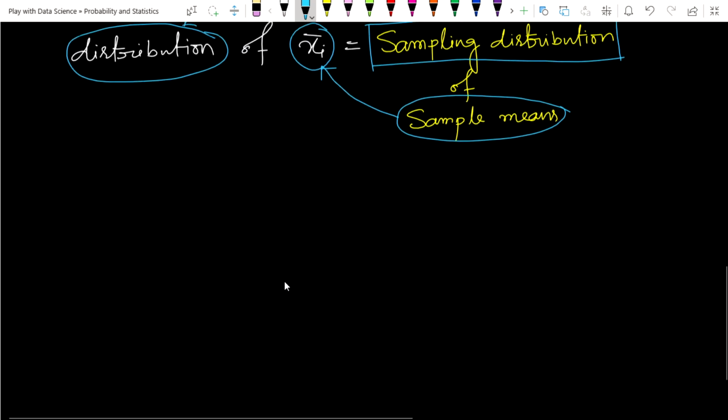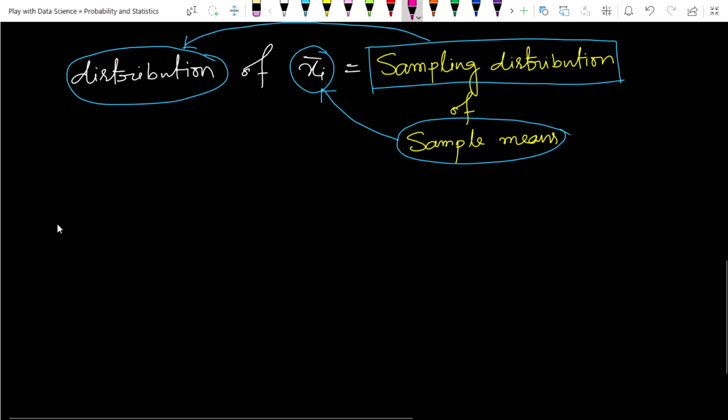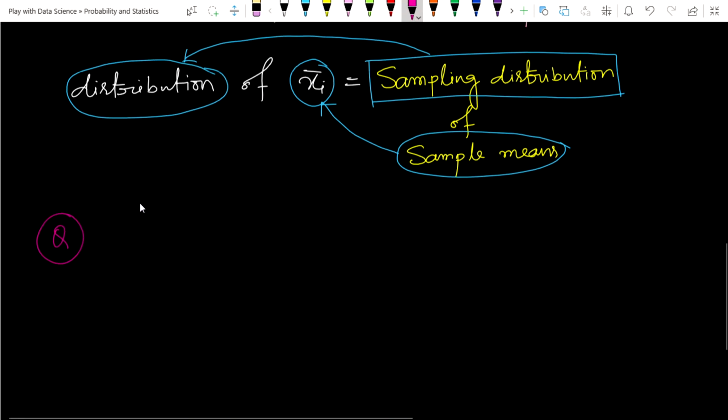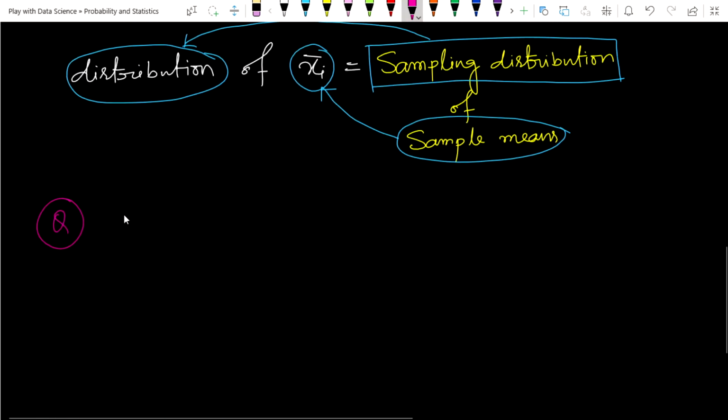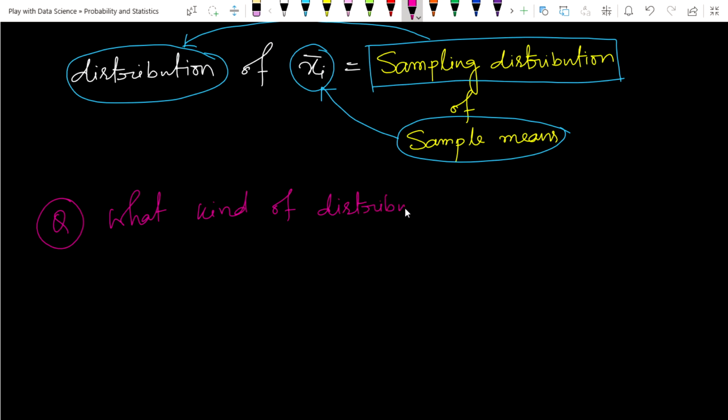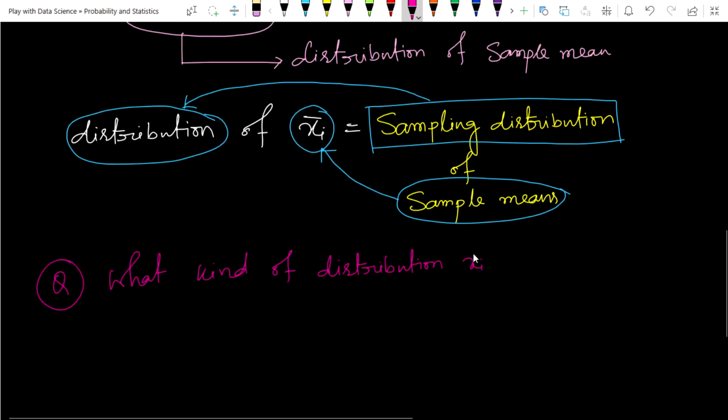Now the big question is, what kind of distribution do these sample means, the x bars, follow?